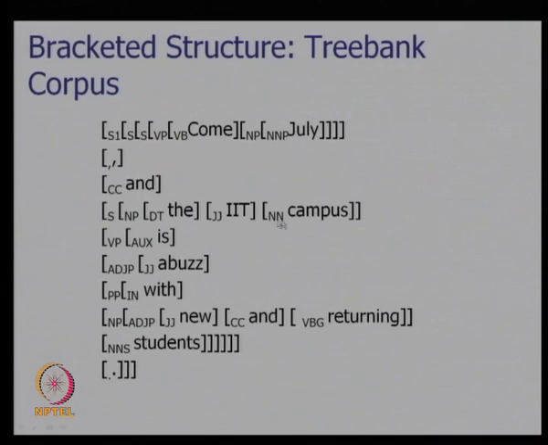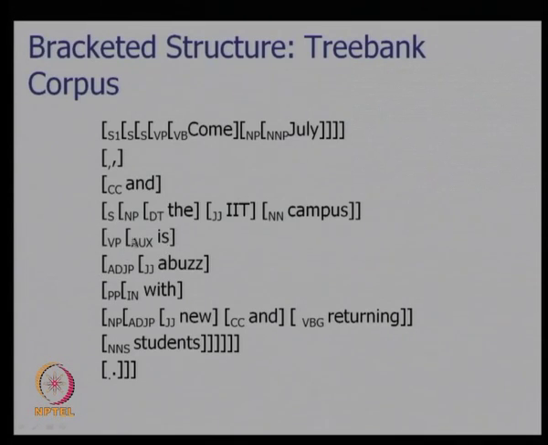So, it is an adjective for the campus. The IIT campus can be combined together to form a noun phrase which is shown here, NP. Now, when NP is over, it only requires a verb phrase VP to complete the sentence.